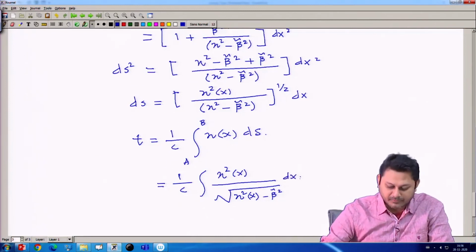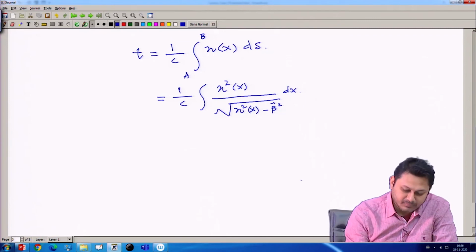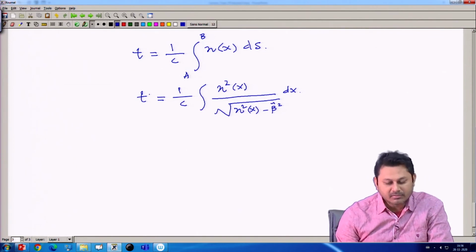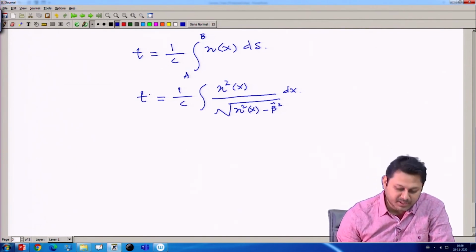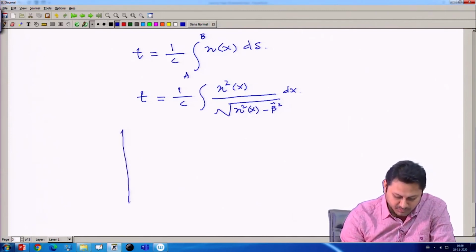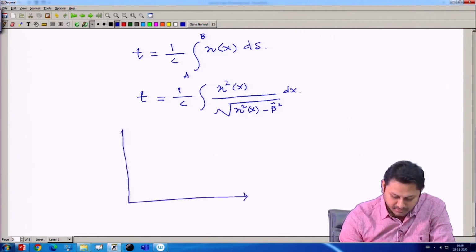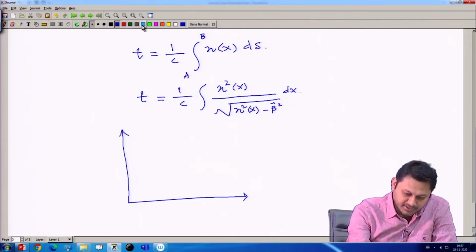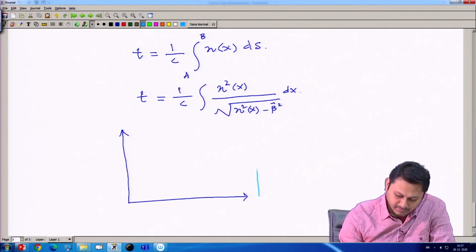So, now from this expression, if a variation of n is given, then you can calculate the time taken by the ray going from one point to another point. So, suppose I have a variation of refractive index n of x, and it is given.